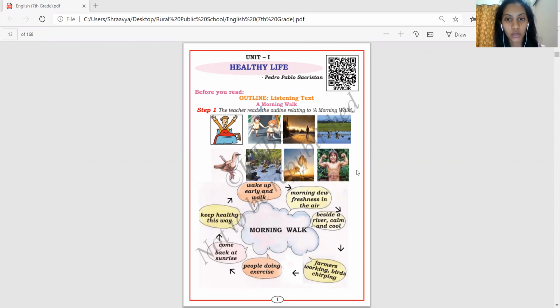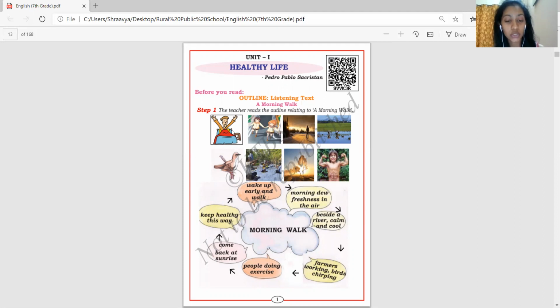So before we start off with the unit, there is a small activity that I will need you to do. There on the screen, you can see 8 pictures of a morning walk, and I will want you to pause this video, look at these pictures, and write a paragraph about 8 to 9 lines on how a morning walk would go.